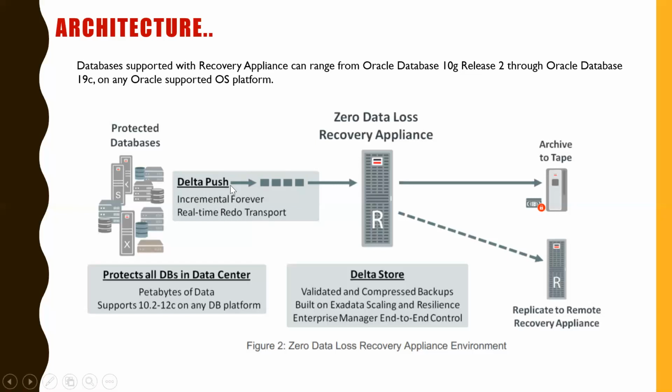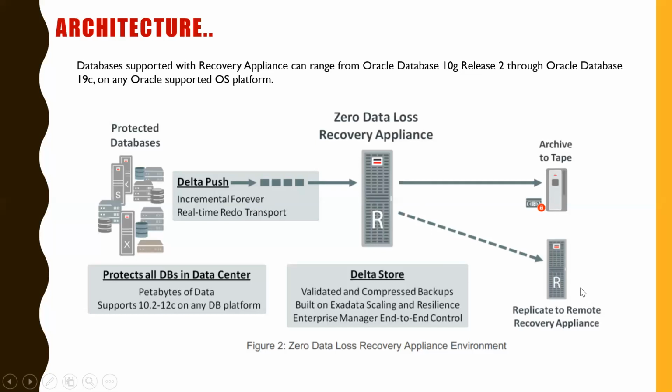Once it performs a data push, it can replicate that data again to another ZDLRA appliance. You can see this dotted line in the right side down corner, the replicate to remote recovery appliance. So from one ZDLRA appliance, you can have another node configured and replicate the data as well, depending on the requirements.